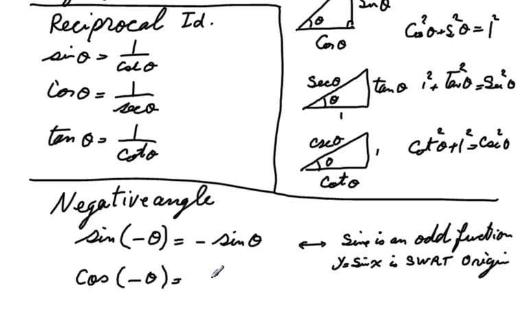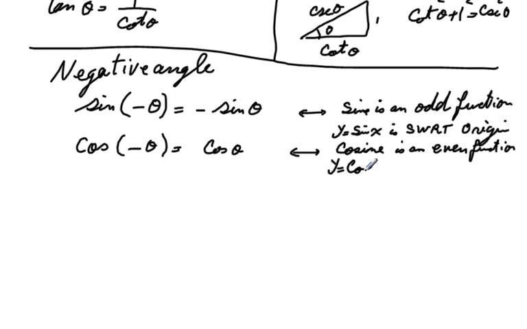With respect to cosine, not so. For that reason, we said cosine is what kind of function? Even function. So that also meant that its graph has a special look. It's symmetric with respect to what? Y-axis.